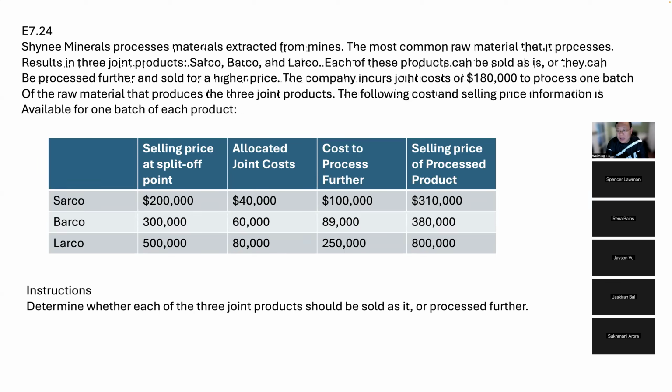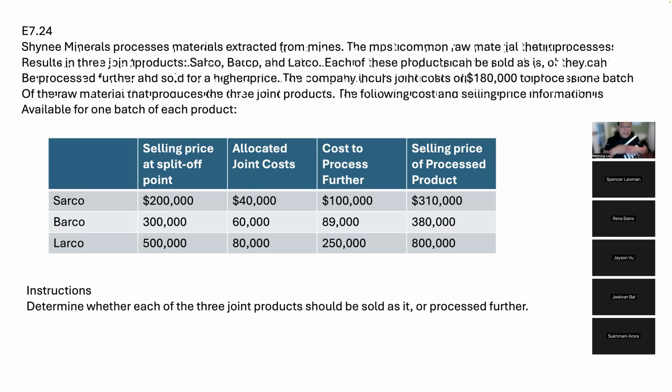Each of these products can be sold as it is, or they can be processed further and sold for a higher price. The company incurs joint costs of $180,000 to process one batch of the raw materials that produced the 3 joint products. The following cost and selling price information is available for one batch of each product.